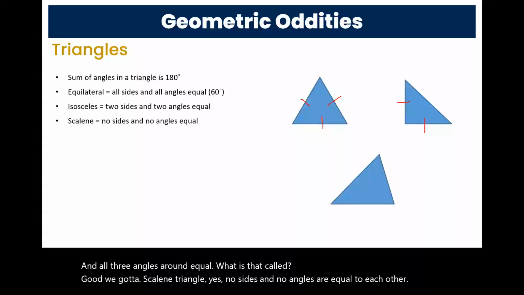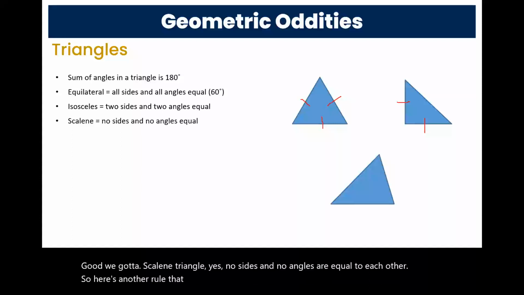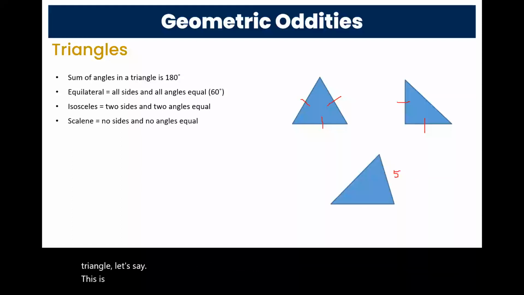So here's another rule that I'm betting you may not remember. If I give you two sides of a triangle, let's say this is 5 and this is 3, what's the range that this side of the triangle can be? Like, how long are my possible answers for that side?